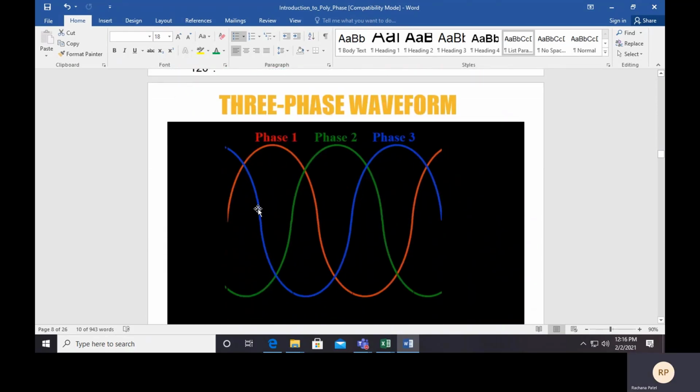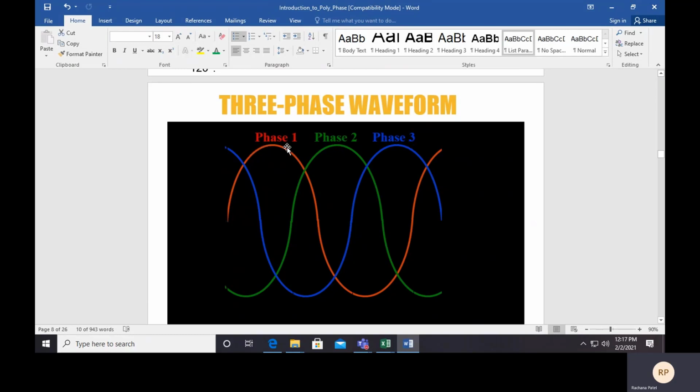Let's say this, in red color, is the EMF generated by phase 1, this is by phase 2, and this is by phase 3. From the starting point of waveform generation, if we see the sequence in which each phase gets its positive maximum value, we can easily say that phase 1 gets its positive maximum value earlier than phase 2 and phase 3.